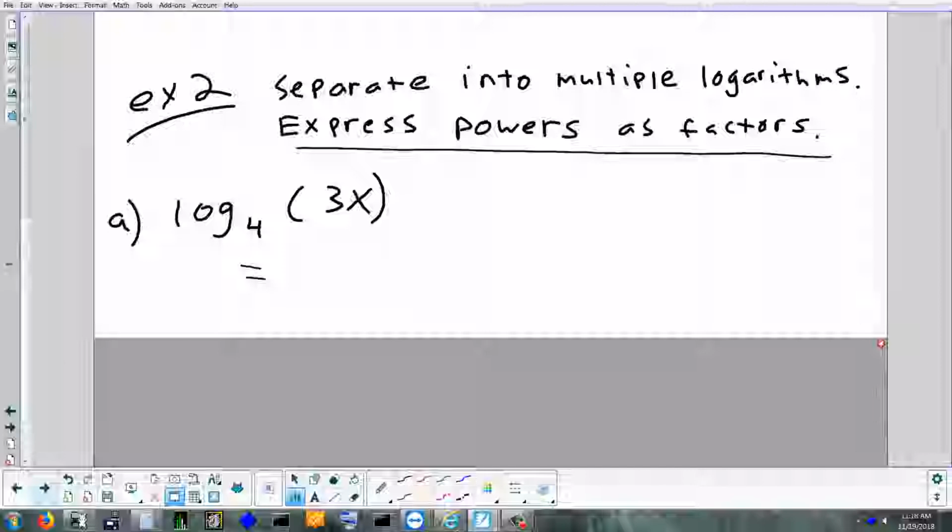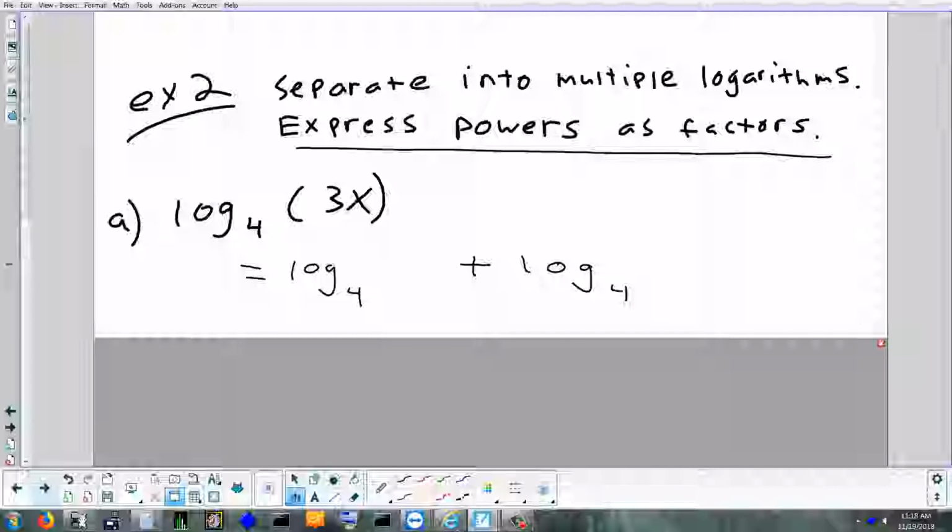All right, I see a product inside the parentheses. So Isabel, when I have a product, does that split as a sum or a difference? Sum. It's going to be a sum. So we're going to have a sum of 2 logs. Isaac, what's going to be the base on each log? 4. 4 stays exactly the same as the original.